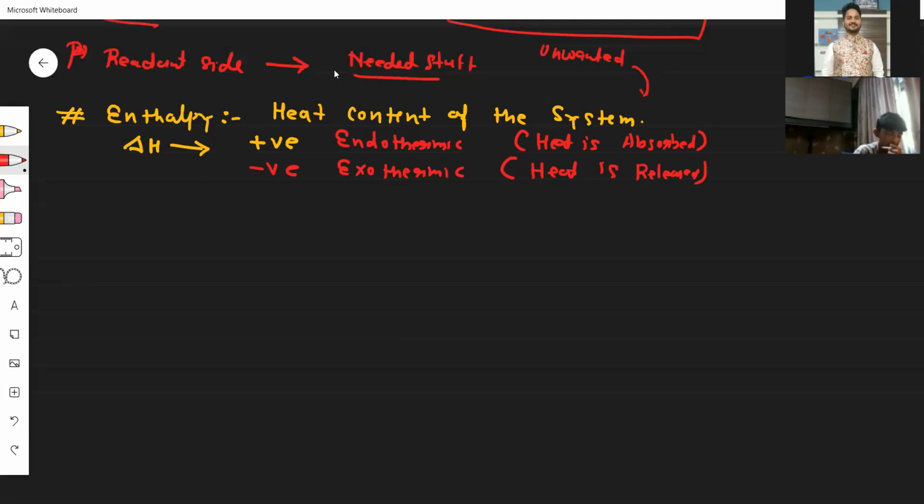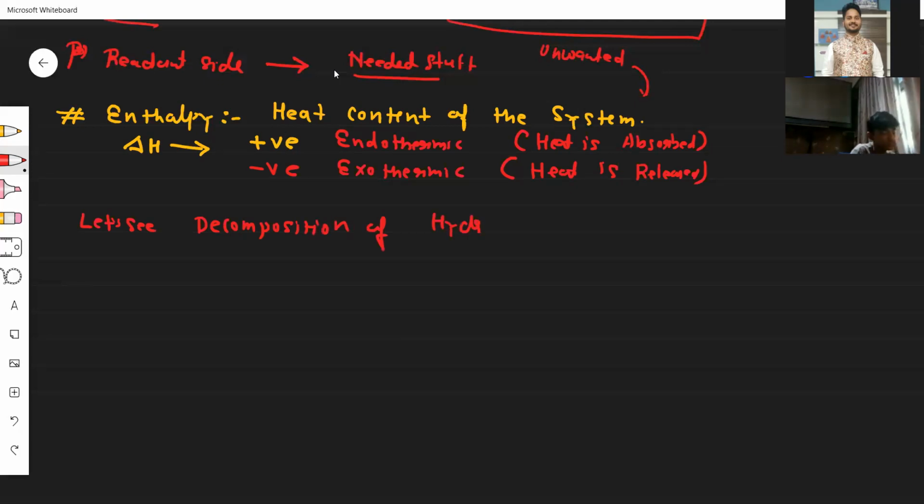We'll see with the help of a particular example. Let us see the decomposition of hydrogen iodide.